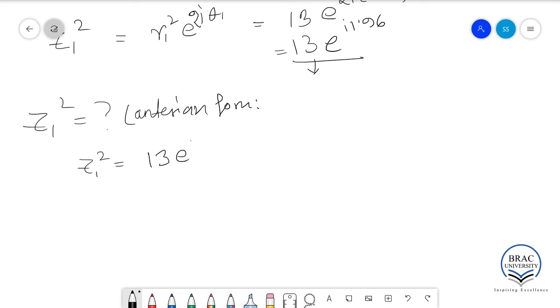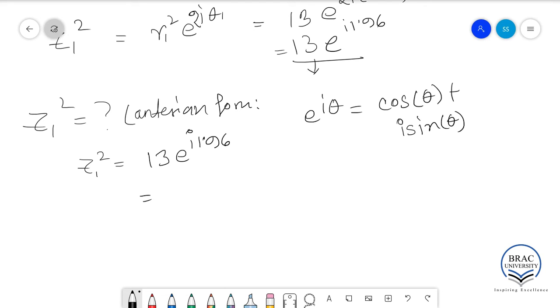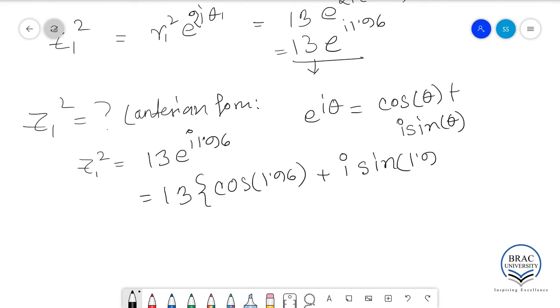So first write z1 squared as 13 e to the power i 1.96, and then use the identity e to the power i theta equals cosine theta plus i sine theta. So we will have cos 1.96 plus i sine 1.96.